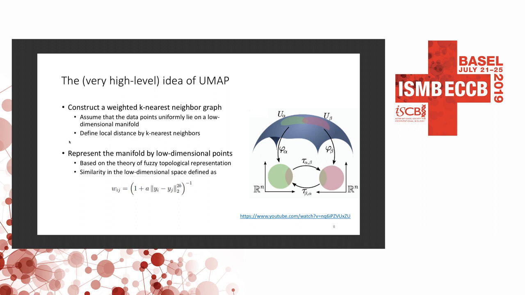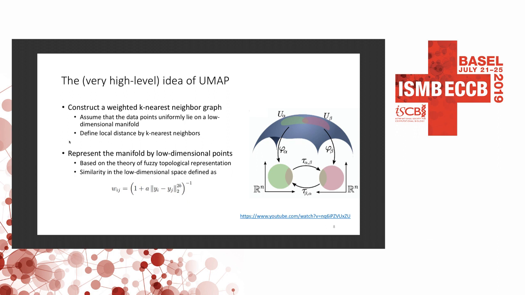And then the second step is that they try to represent the manifold by low-dimensional points. And that is based on some complicated theory of fuzzy topological representation. I will not talk in detail because it's not really helpful for us to understand if we don't have a solid mathematical background.